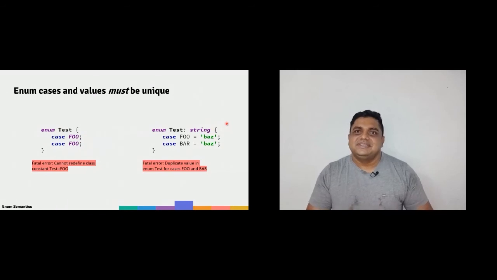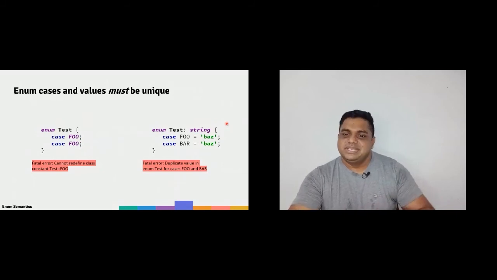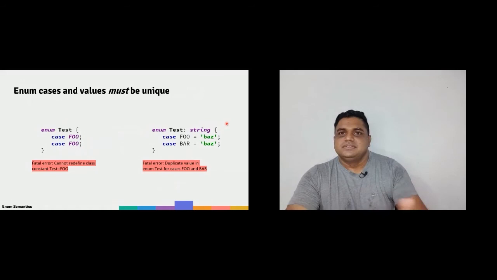They are guaranteed to give you an enum back, but these methods cannot return a specific enum if you have duplicate values, right? So these values must be unique as well. PHP will check all of these at compile time, and if you try to do it, PHP will just throw.